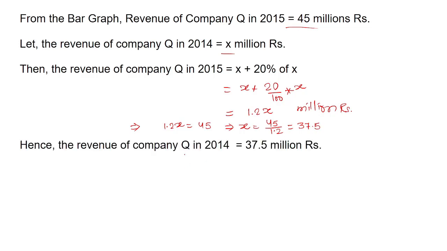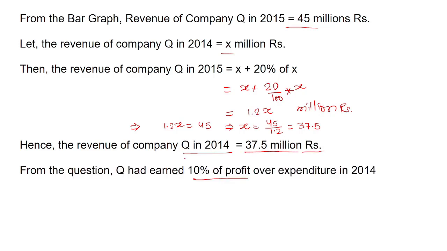Hence, the revenue of company Q in 2014 was X million rupees and the value of X is 37.5. So we can safely say that revenue of company Q in 2014 is equal to 37.5 million rupees.